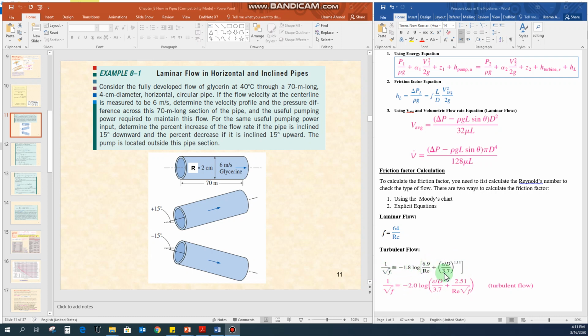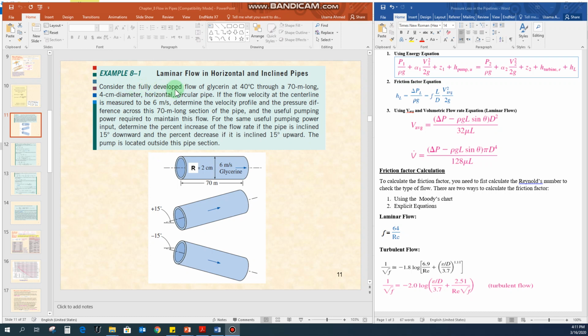But what you can see here is that for the turbulent flow systems we need to calculate this additional factor, epsilon by d, which is the relative roughness factor, which depends on the type of the pipeline and the material of construction of the pipeline. So let us solve this example, and the rest of the things I will explain as it comes.